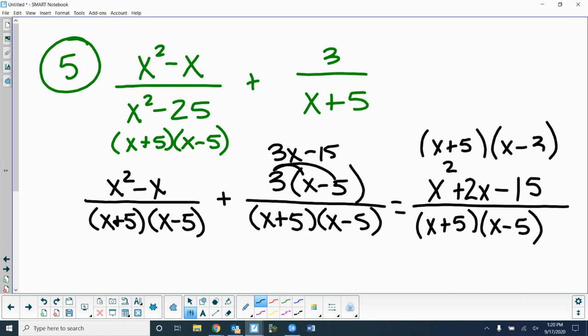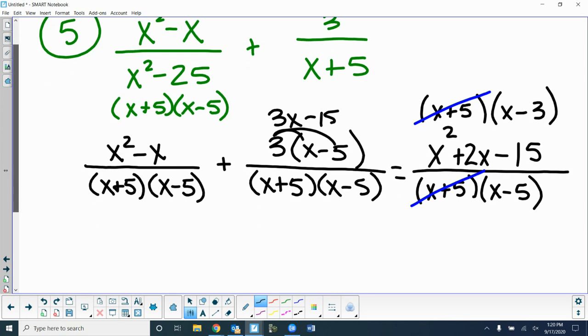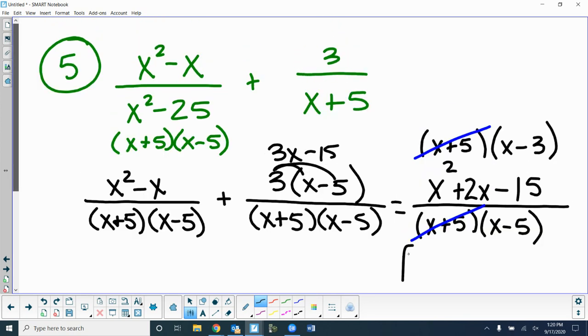Can we simplify this fraction? Yeah, we can, right? We got an x plus 5 in the top and the bottom. So my answer then is x minus 3 over x minus 5.